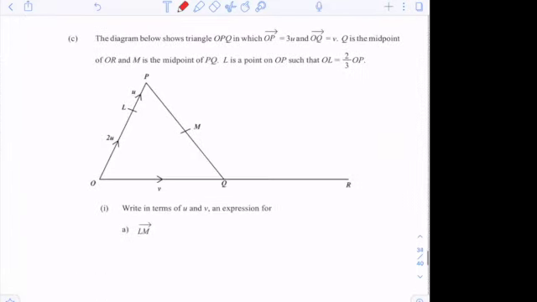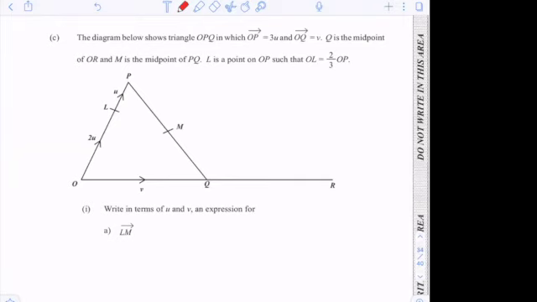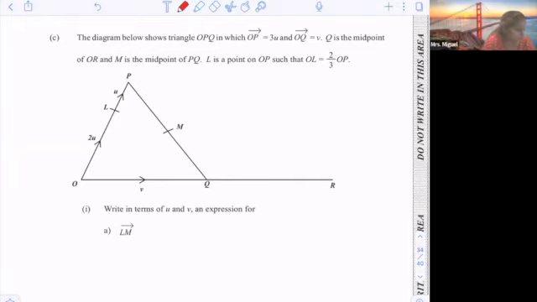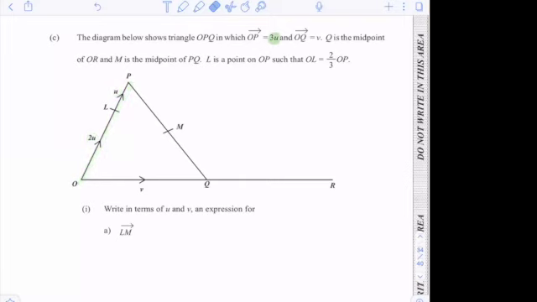Okay, miss. The diagram below shows a triangle OPQ, in which OP is 3u. So right away, this length here is u, and 2u plus u will give us 3u. You all see that? Yeah, miss. And OQ is v.